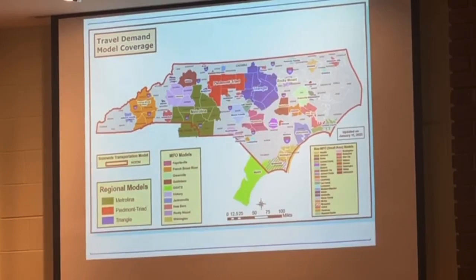Depending on the area, someone is in charge of those models. Some of those models work between two states. For example, South Carolina and North Carolina are working together on developing one model. And we have more than 20 small areas that have their own travel demand models.